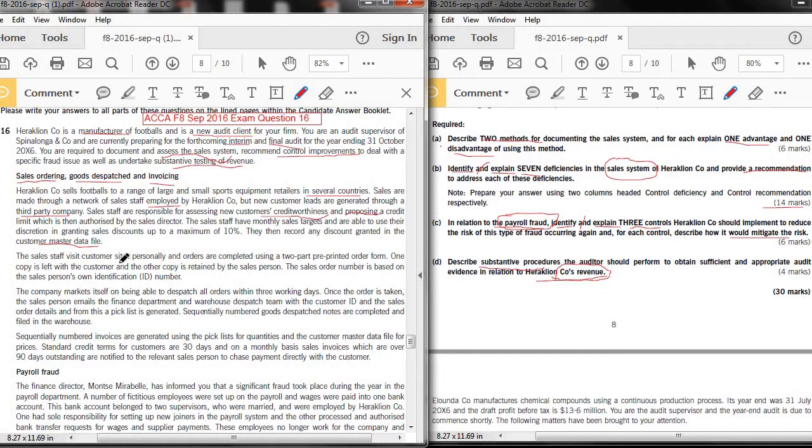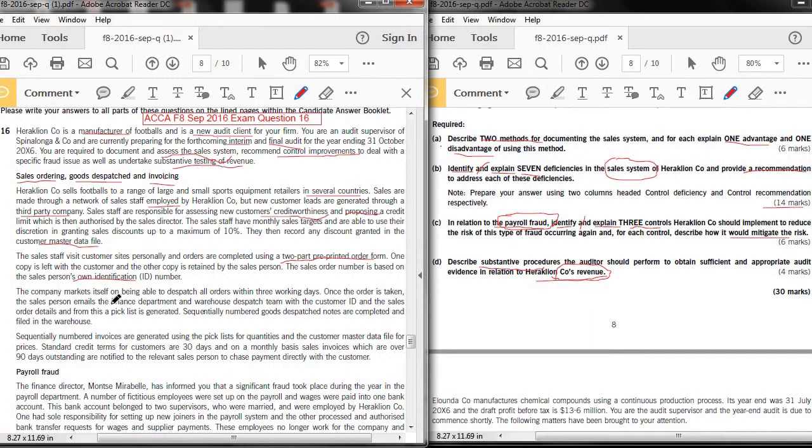Sales staff visit customer sites personally and orders are completed using a 2-part printed order form. 1 copy is left with the customer and the other copy is retained by the salesperson. The sales order number is based on the salesperson's own identification number. It should be sequentially numbered. Otherwise, you will lose some sales orders.